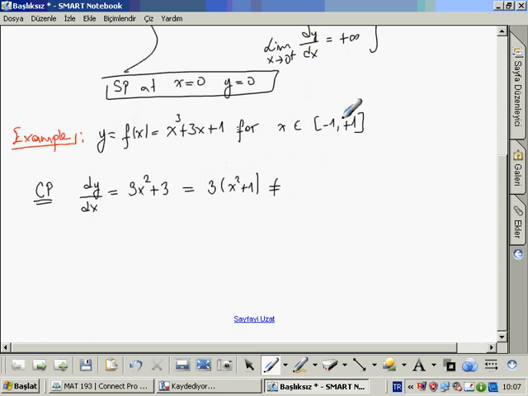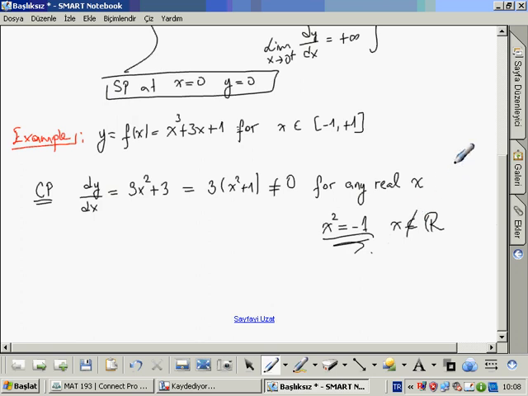It's not equal to 0 for any real x, because we know that x squared does not equal minus 1 for x an element of the reals. We know that.